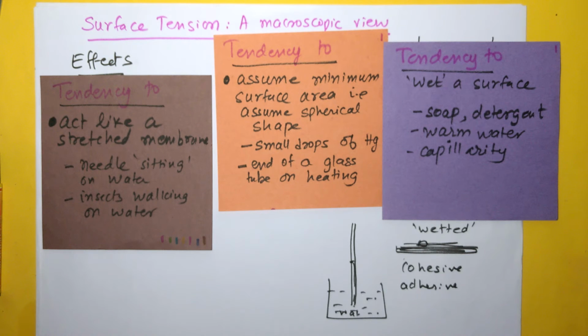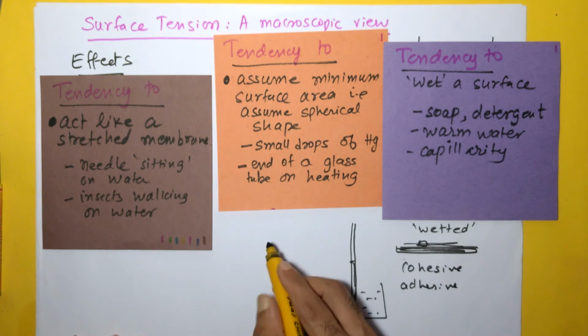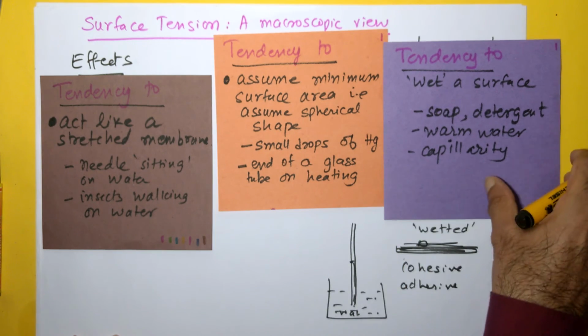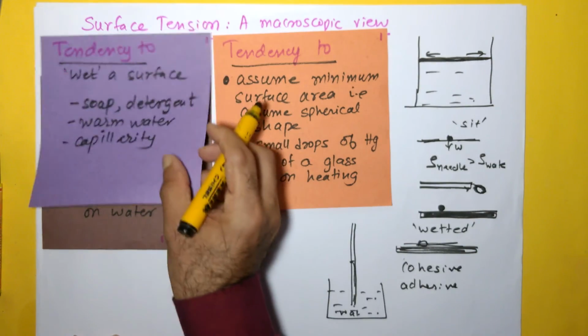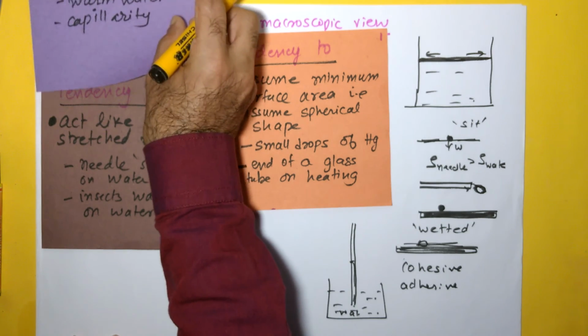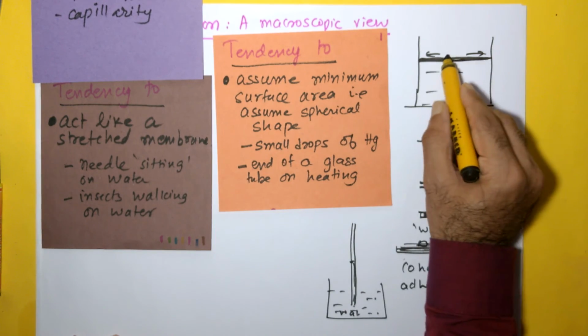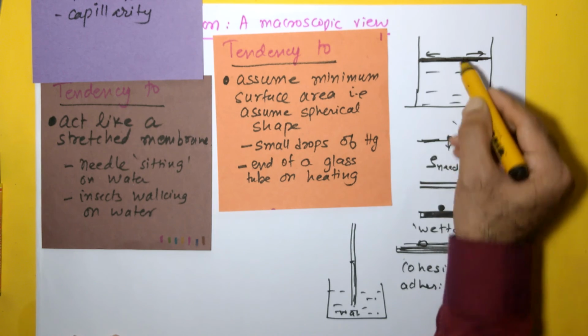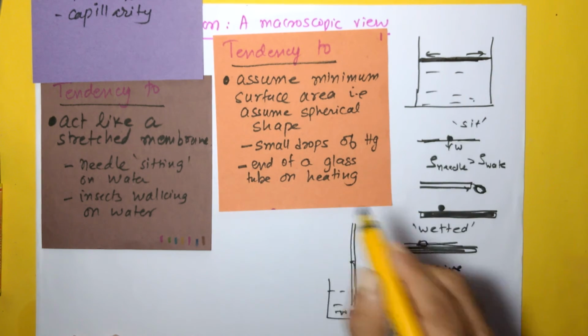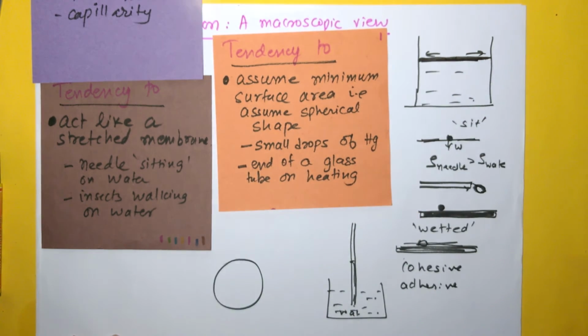So in brief, these are some of the effects of surface tension, and these are some real life examples of surface tension. I will end the video by giving you some quantitative idea about surface tension. If I go back to this example, surface tension on the surface of the water, and I look at this particular surface from the top, this is the top surface of the water, and I imagine an imaginary line over here.